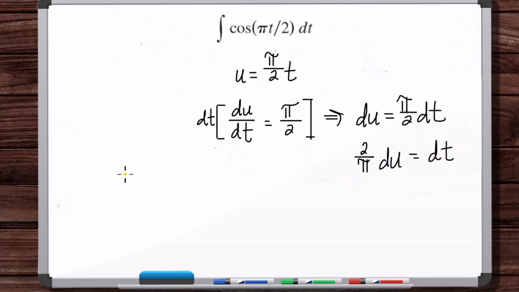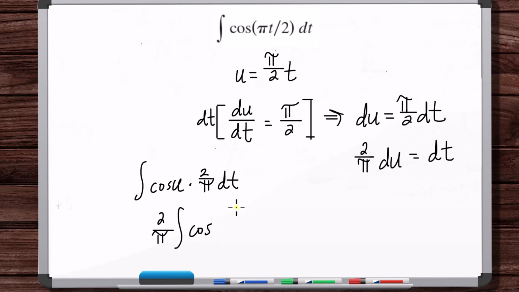Okay, so what we have is, making the substitutions, cosine of u times 2 over pi du. We can bring out the 2 over pi.